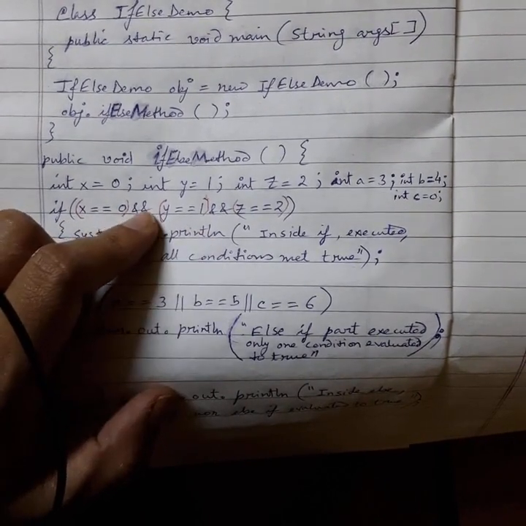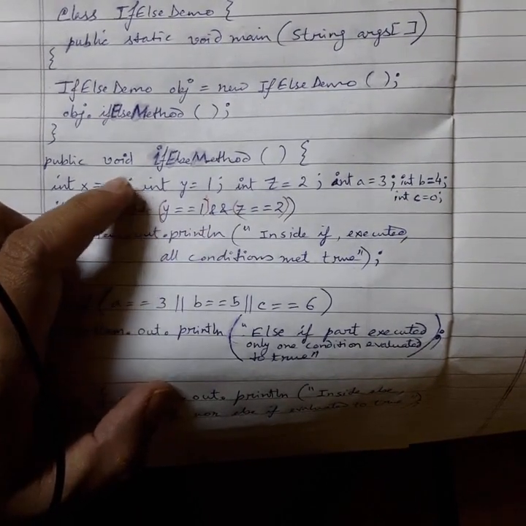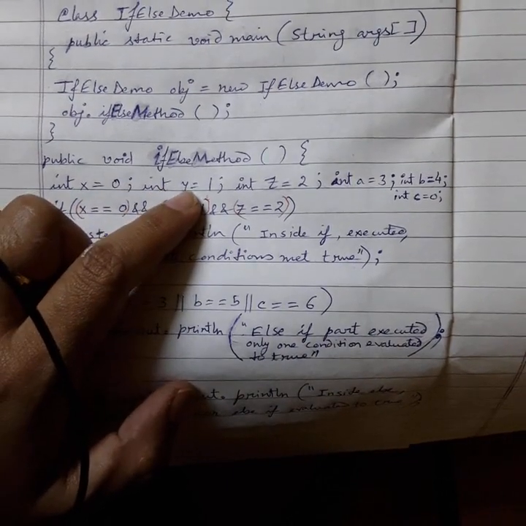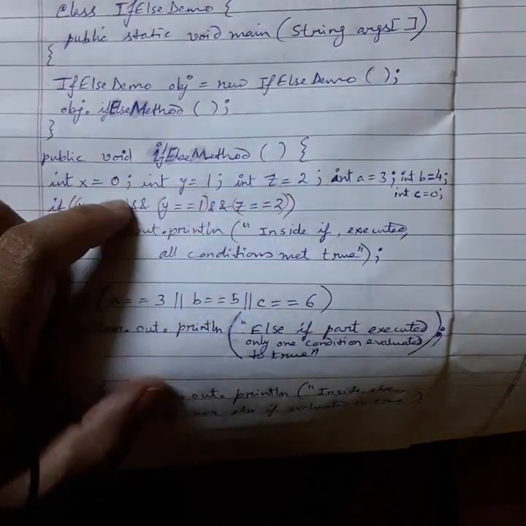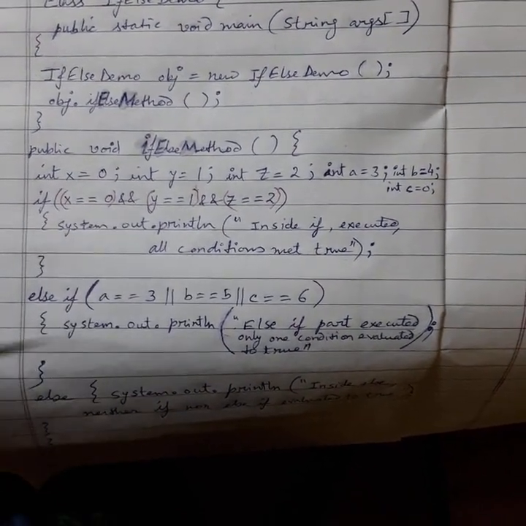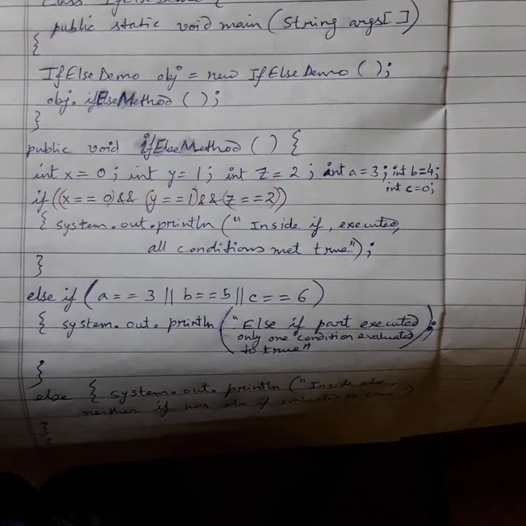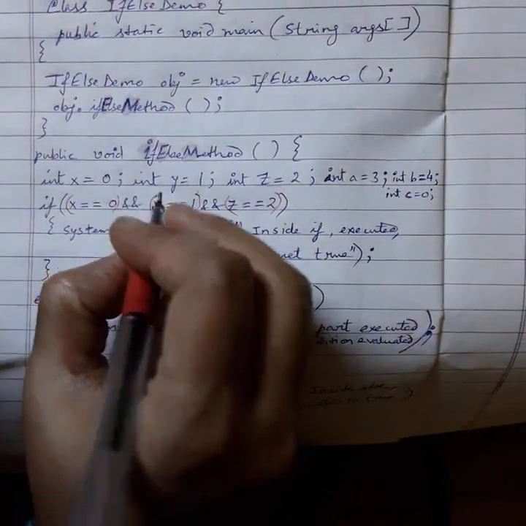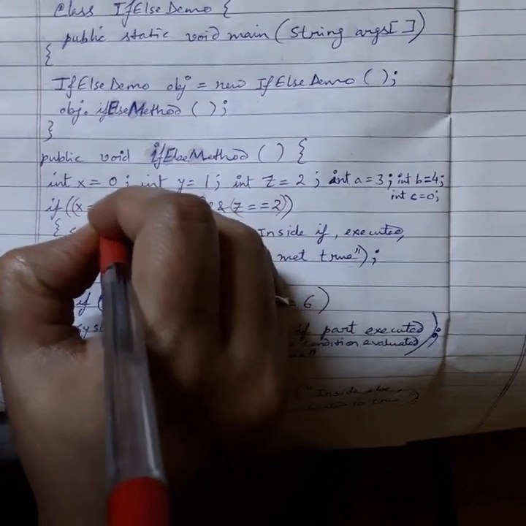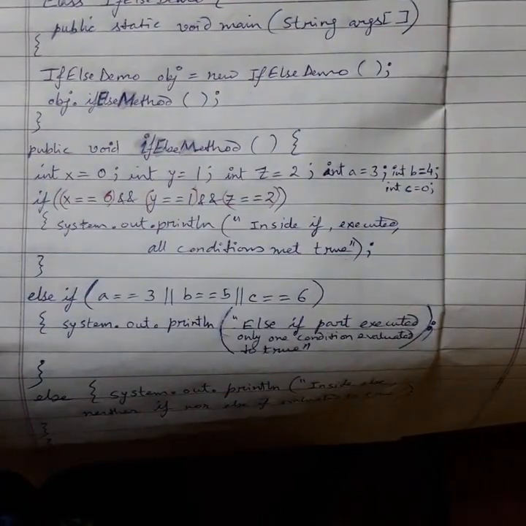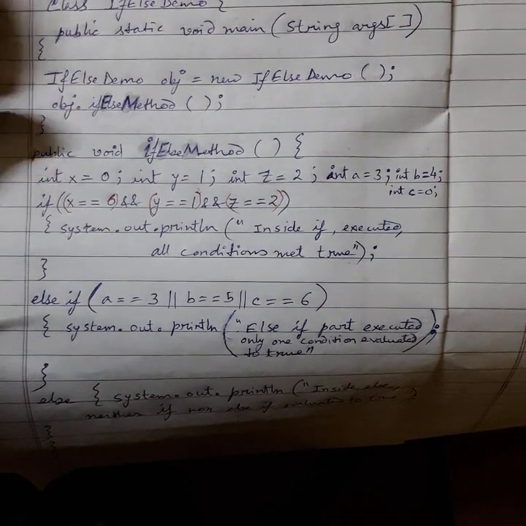But supposedly if the value of x was something else, or any of the values, say I turn x to 6, so now the condition is not met.